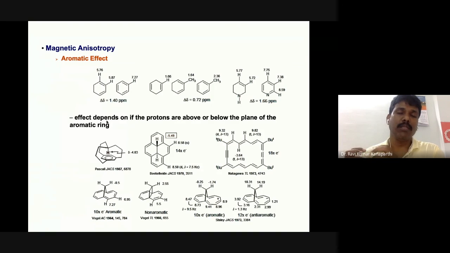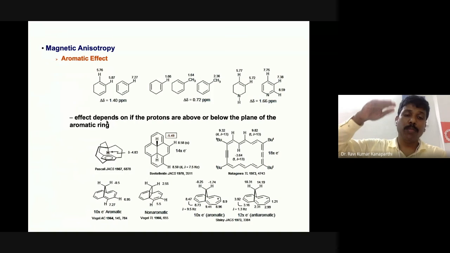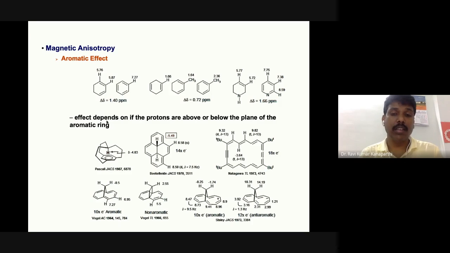Therefore, we have to supply a little more energetic radio frequency pulse to bring them to the resonance condition. Whereas a proton above the plane or below the plane of the aromatic ring normally experiences a shielding diamagnetic effect and will be absorbed in the shielding region. That means the chemical shift values will be smaller.